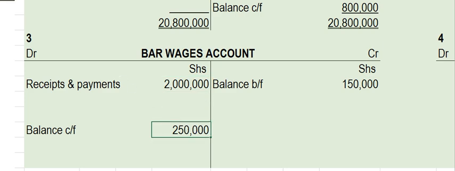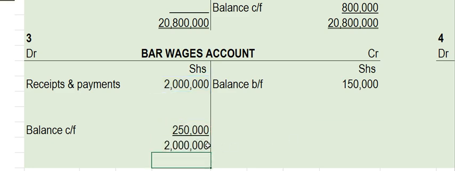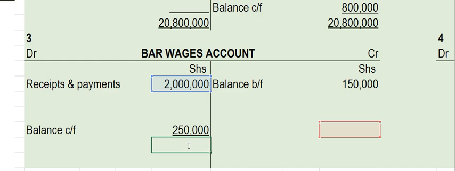I've already told you that these clubs do not keep proper books of accounts, so most of the information will be missing. So you'll use control accounts or T accounts to make the necessary adjustments, and then you arrive at the missing information which you need to use when completing the final accounts.